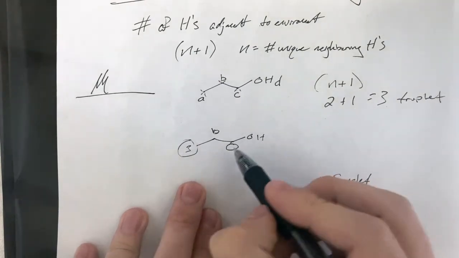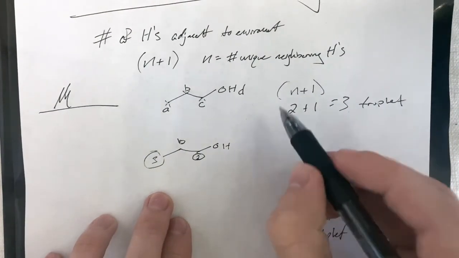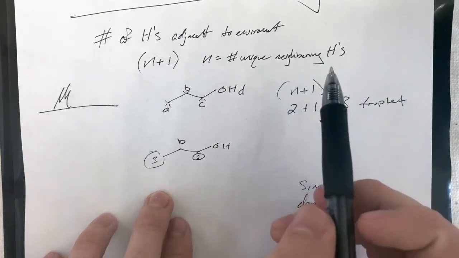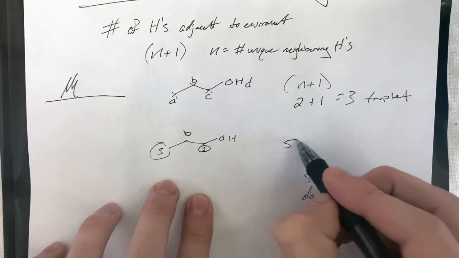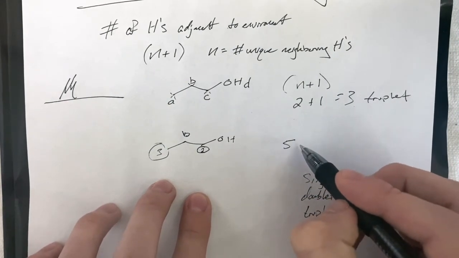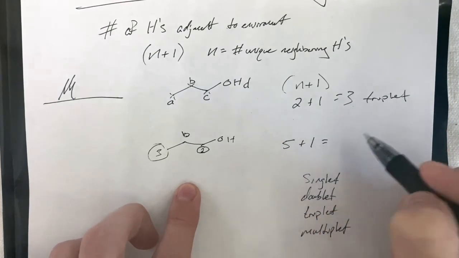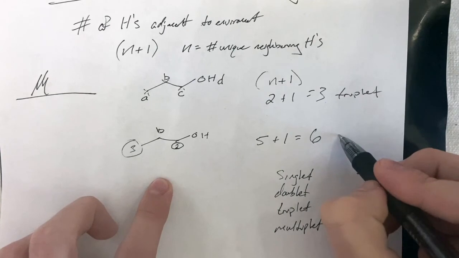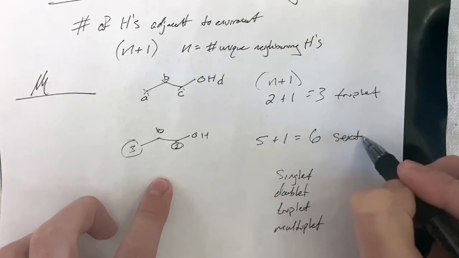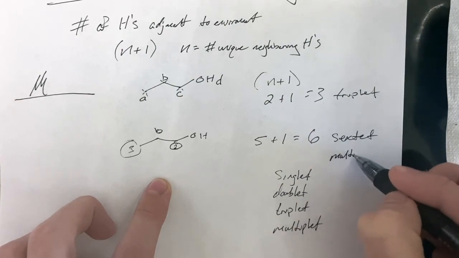And here there's 3 of them, and there's 2. So N is the number of neighboring unique hydrogens. And so in total, there's 5 unique neighboring hydrogens in relation to B. So the multiplicity is a 6, or a sextet. But really in Orgo 1, you're just going to call it a multiplet.